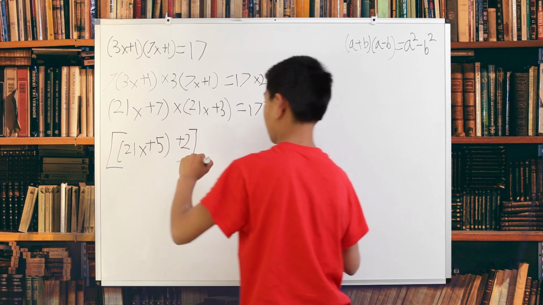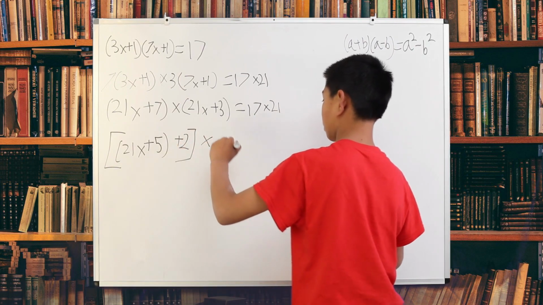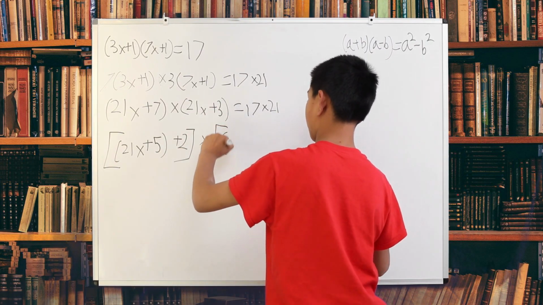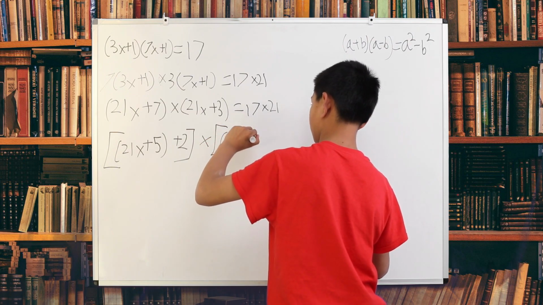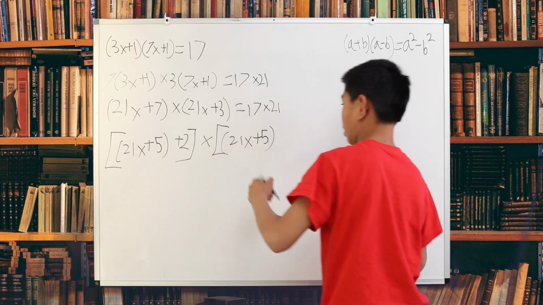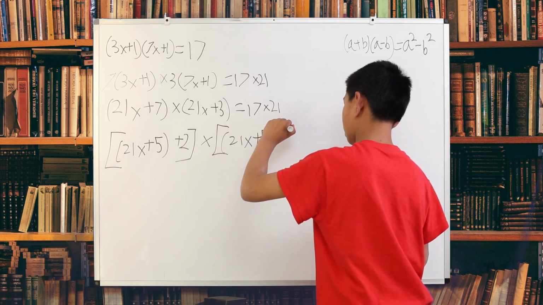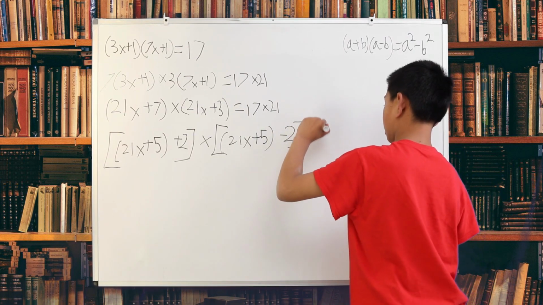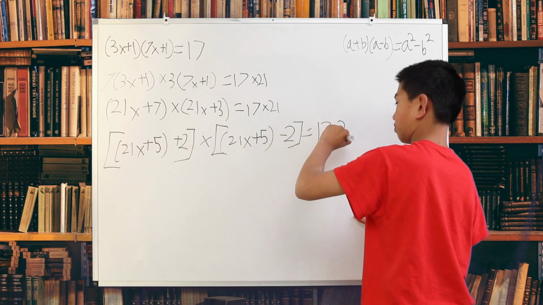And then multiply this by, we do use the same strategy for this. 21x plus 5. Now this is minus 2, which is equal to 17 times 21.